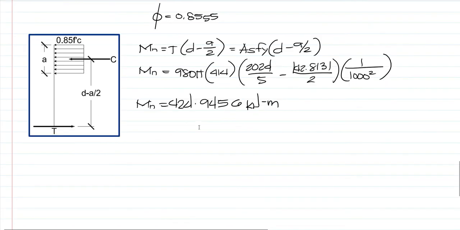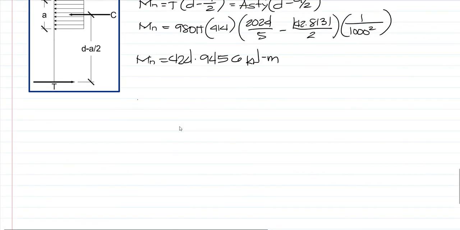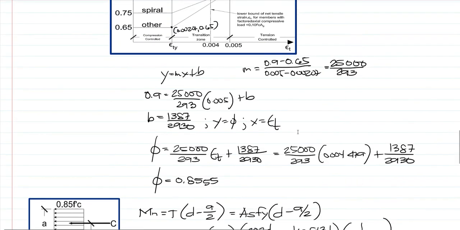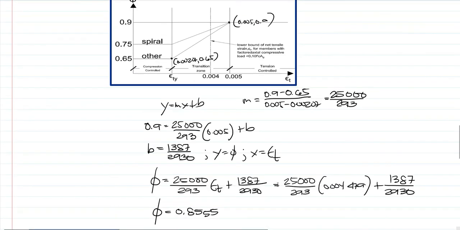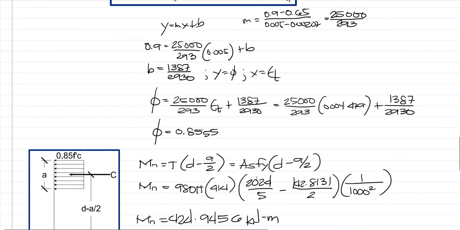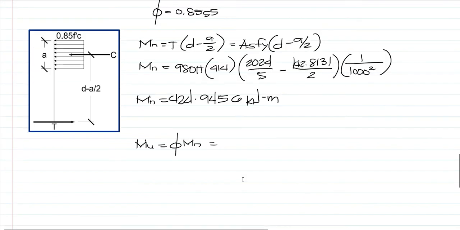So, syempre, yung ultimate moment natin is makukuha lang natin by multiplying our reduction factor with the nominal moment. So, the reduction factor na nakuha natin kanina is 0.8555 times the nominal moment 424.9456.